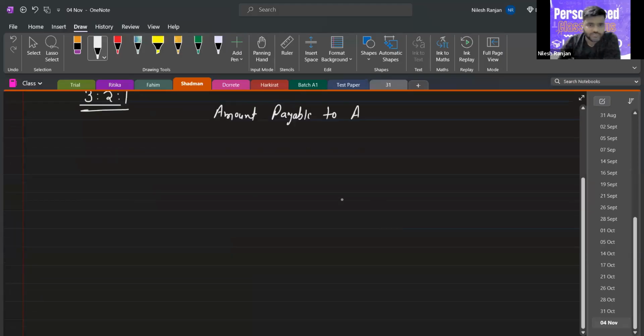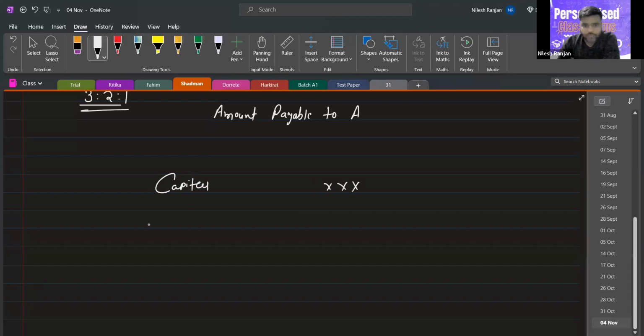We will write here capital, the amount of capital, then the items which will be added here, like profit and loss account credit balance, any reserves.